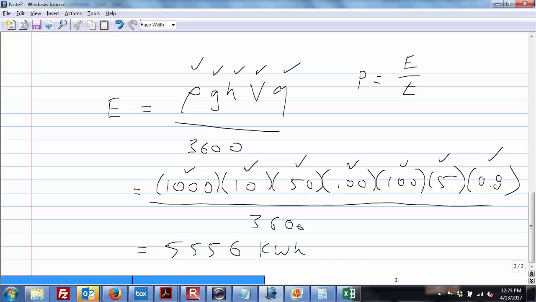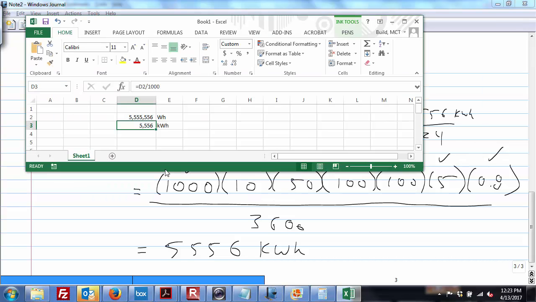So the average power, I'll put a little bar over this, the average power equals 5,556 kilowatt hours over 24 hours. So this is energy, power equals 5,556 divided by 24 kilowatts.